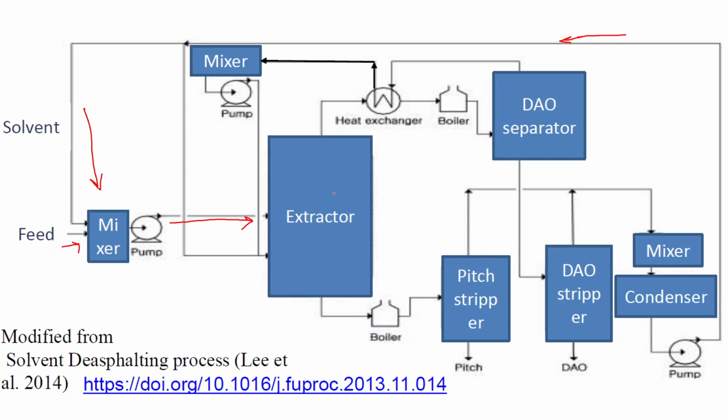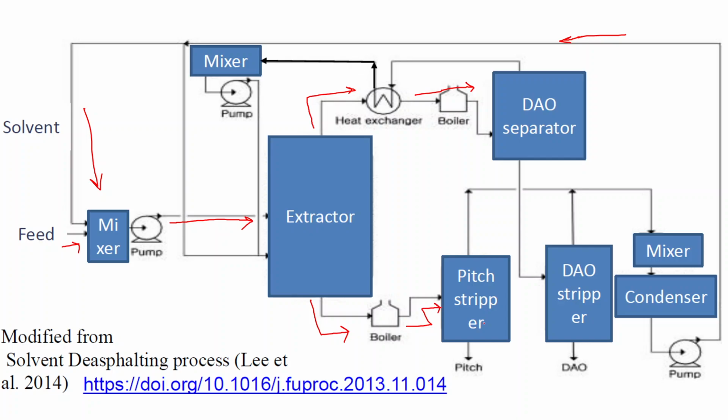We will be getting two phases here. The lighter fractions will be going here. Heat recovery will be done here, and then it will be sent to the DAO separator. And the heavier fraction consisting of asphaltenes, after heat recovery, is sent to the pitch stripper.